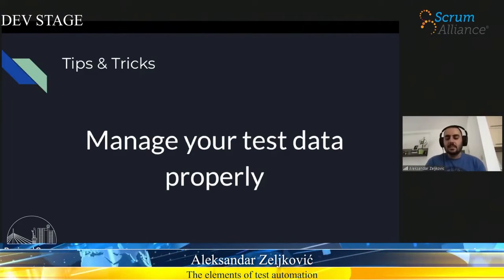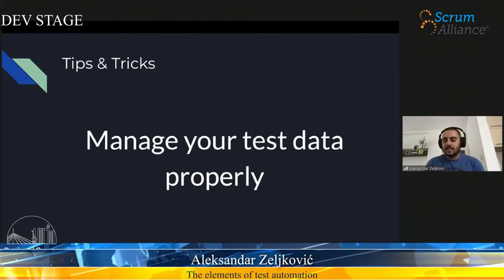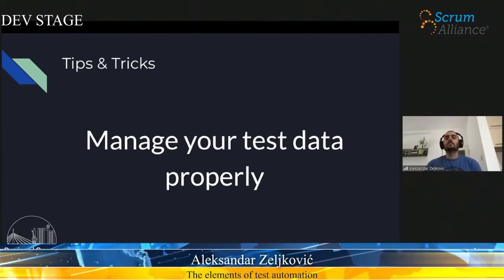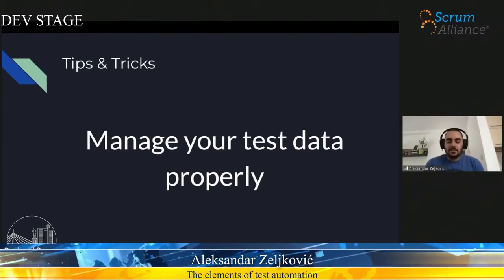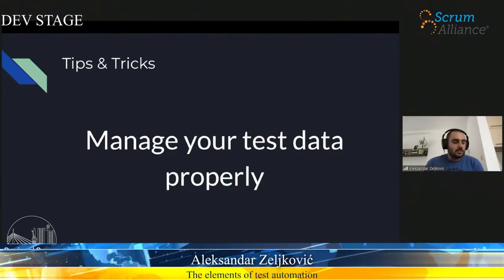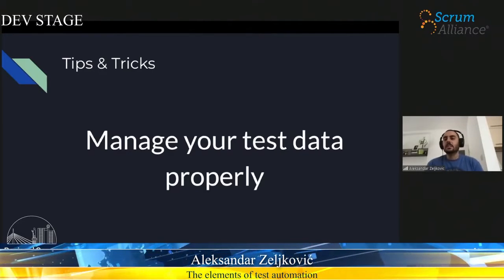Analyze what kind of test data you need to have. Prepare good test data, prepare the correct amount of test data. That's all a complex process. It takes effort, it takes money, but that is part of test automation. Test data is the essential part of test automation.